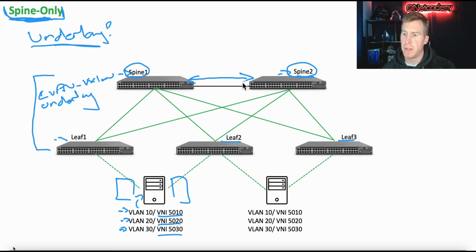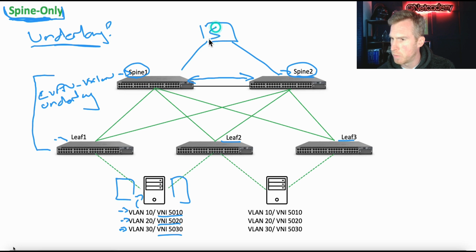You will not find that in a spine-leaf topology, or as it's commonly called, a Clos 3, or maybe in a Clos 5 where you've got a super spine connecting to those spine devices. In a Clos 5 or a Clos 3, you would not have that connection between the spines, or between those super spines. But obviously we do in this spine-only.